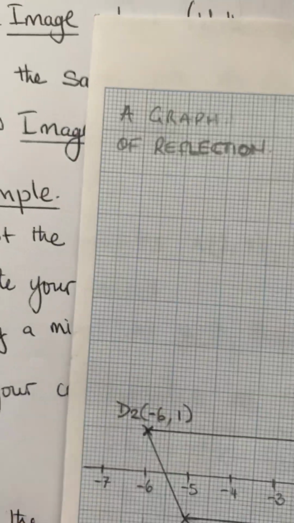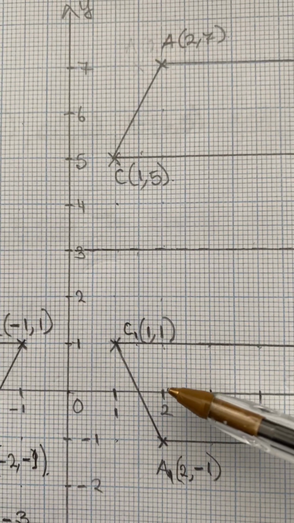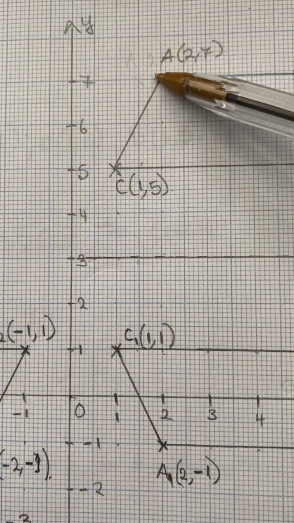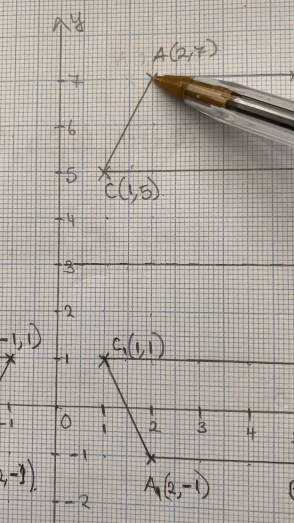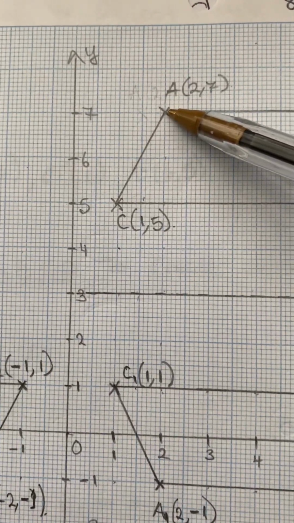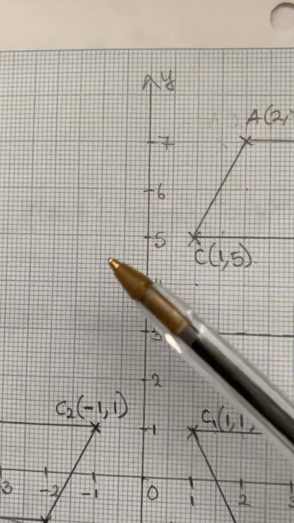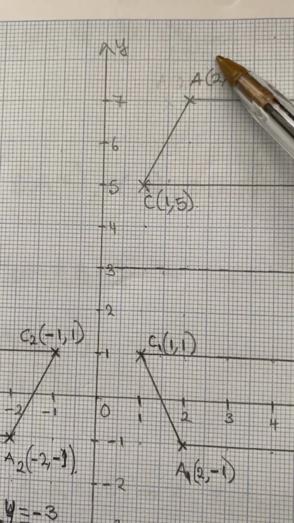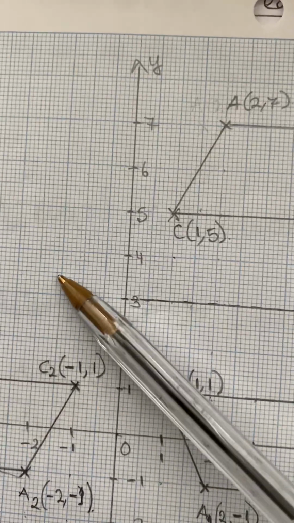So there, that is my 2 all the way up, and that is my 7. So that'll be my A. If you are not sure, use a ruler. So that's my A(2,7). I've been given those coordinates.